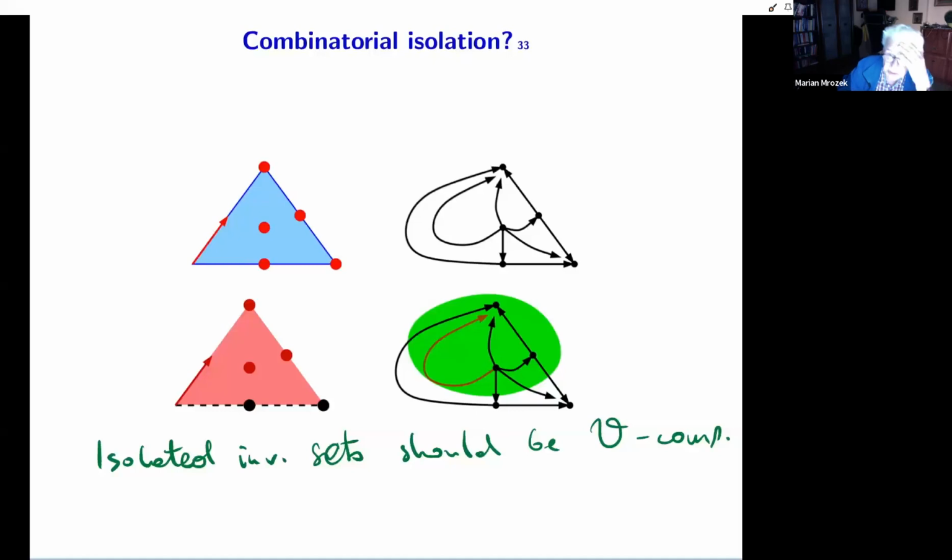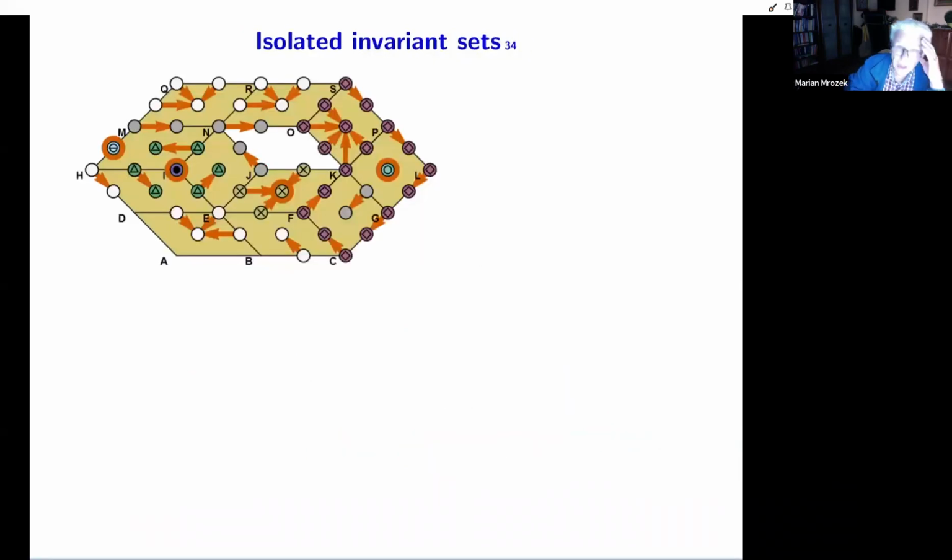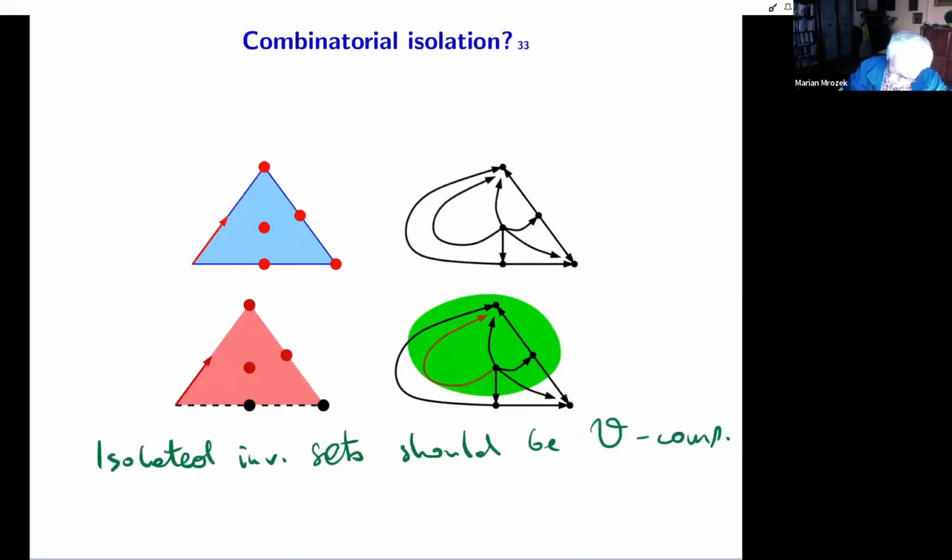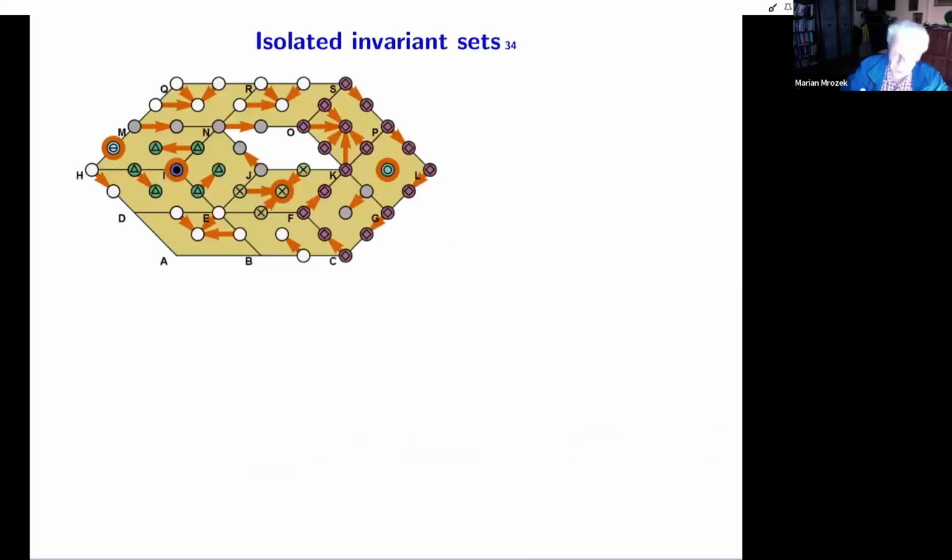And actually there is a nice way of defining isolated invariant sets, but we went through these examples before we realized how this should be set up. So now we define it in a way which better resembles the classical definition.